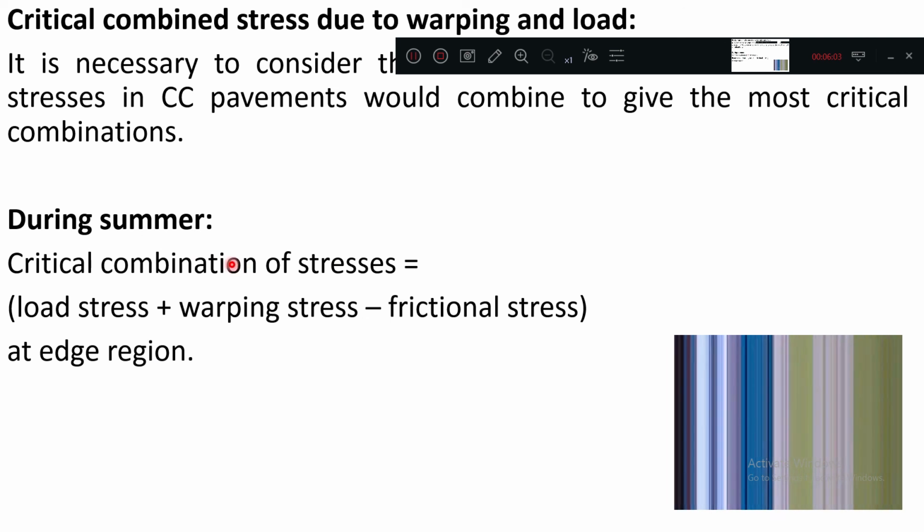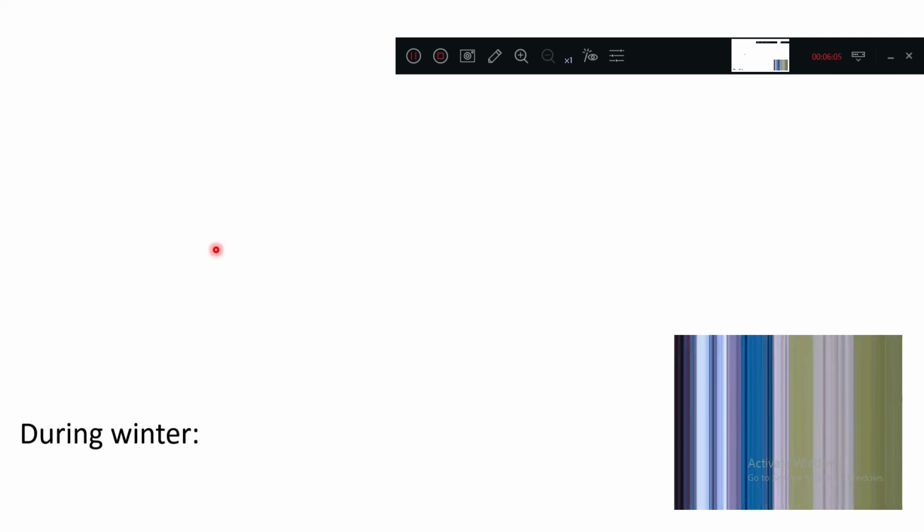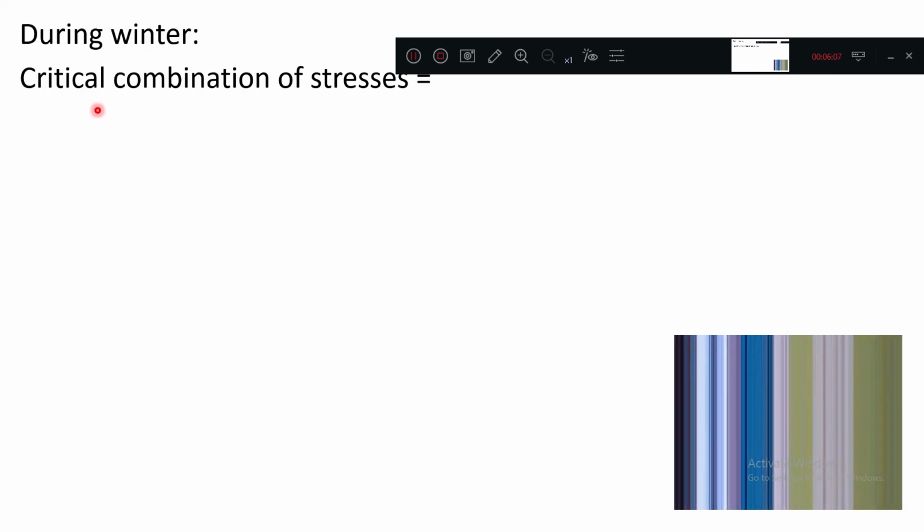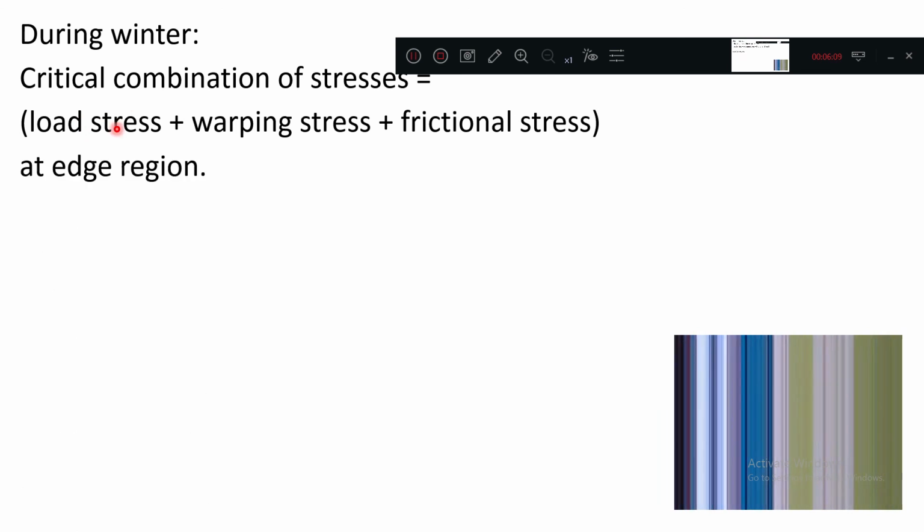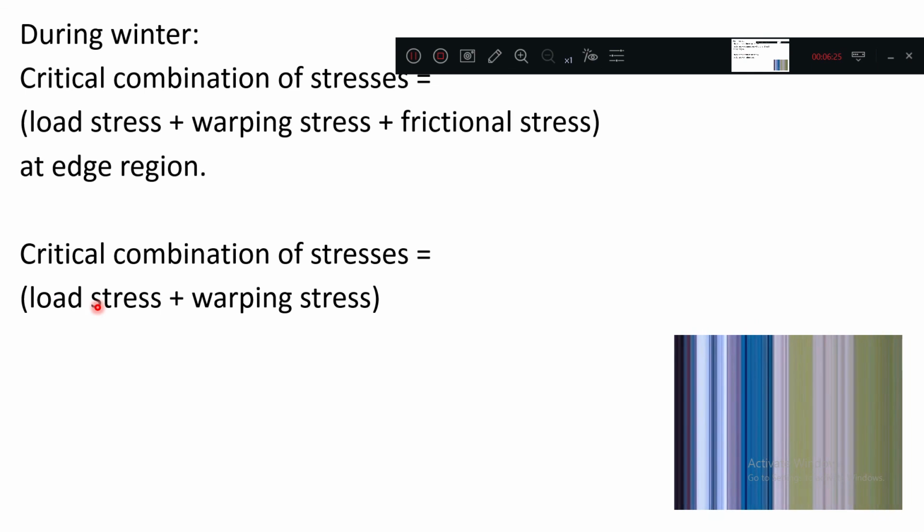Now during winter there are two things. Critical combination will be load plus warping plus friction, because all are additive in nature, all happening at the same time. This is happening at the edge region. This is another combination: load plus warping stress at corner region.